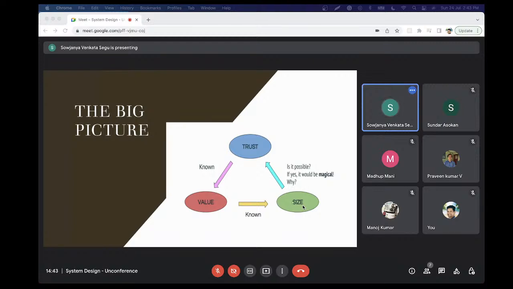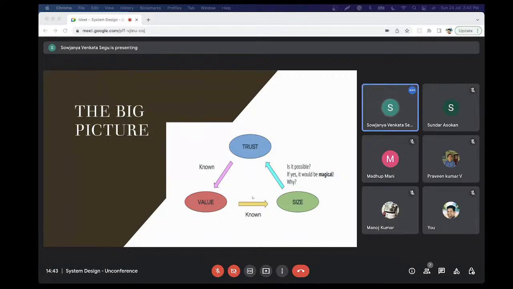Can the size create the trust? It was not possible before blockchain, now it is possible. Because creating the trust among a group of participants is not very easy, and blockchain solves that problem. We will see how.